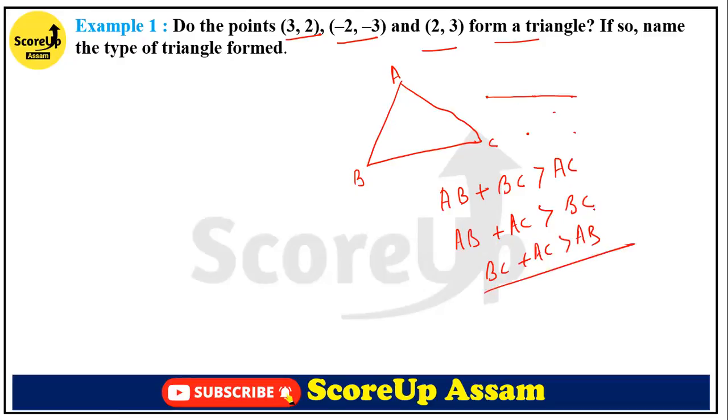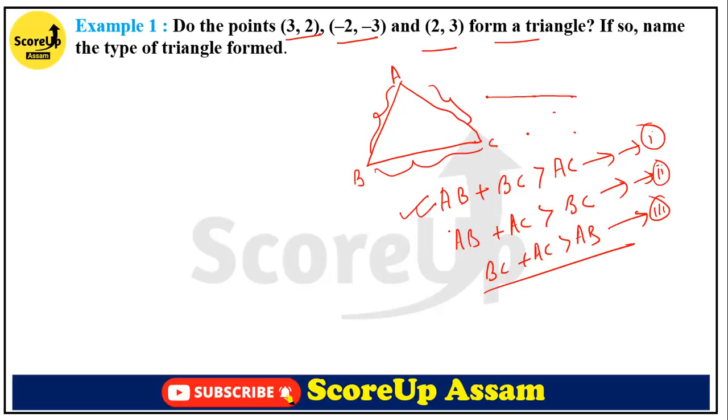If we find the lengths of the sides and they satisfy these conditions, then these 3 points will form a triangle. But if they do not satisfy them, then these 3 points will not form a triangle.